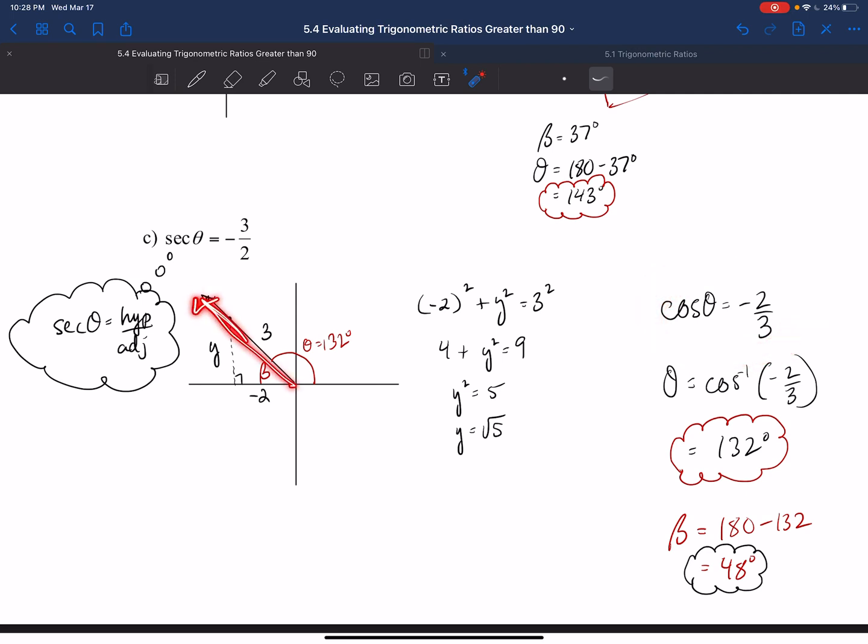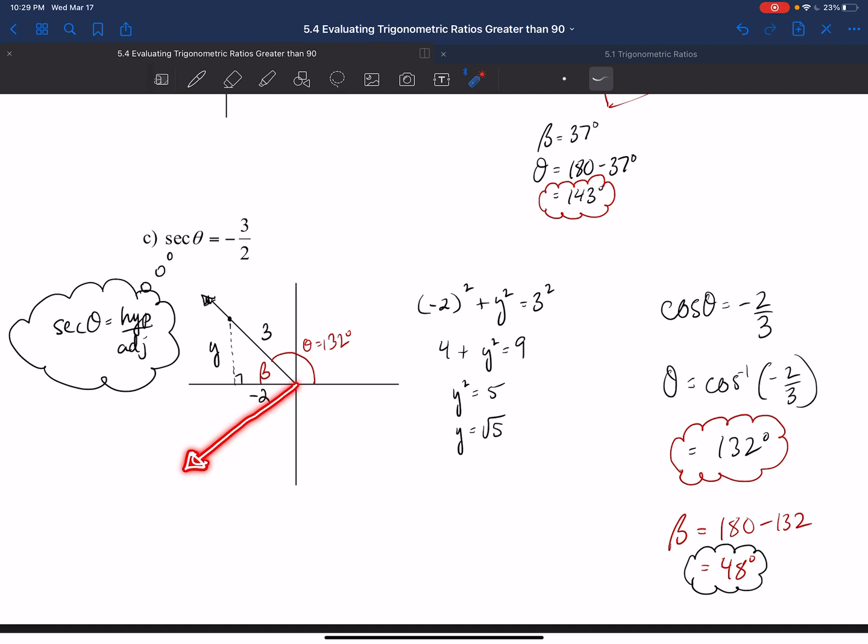So that makes sense in the second quadrant because according to the CAST rule, cos is negative in quadrant 2 and 3. So I could have, if it didn't tell me it was in quadrant 2 and it just said it's between 0 and 360, another angle down here that has the same ratio of negative 2 over 3. So once I figured that out, I'd also have to say that my answer could be 180 plus 48, so 228.